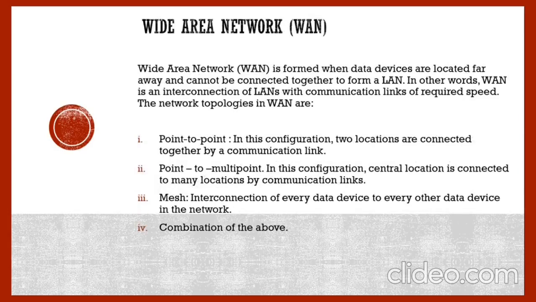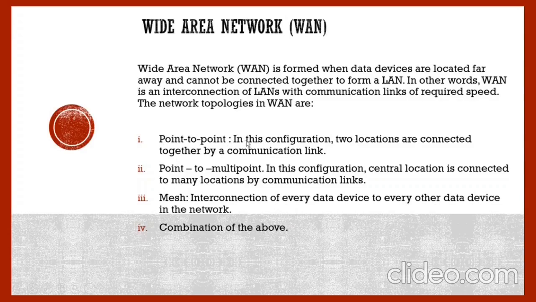So our next slide is WAN, which is wide area network. And as I have told you, it is used if the two devices are far away from each other. It uses a few topologies like point to point, point to multipoint, and mesh.